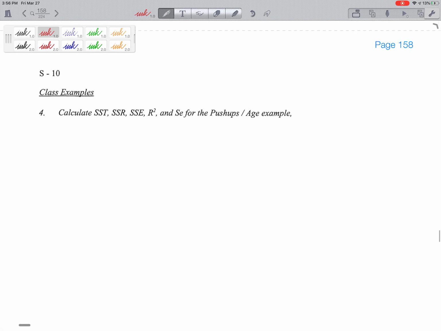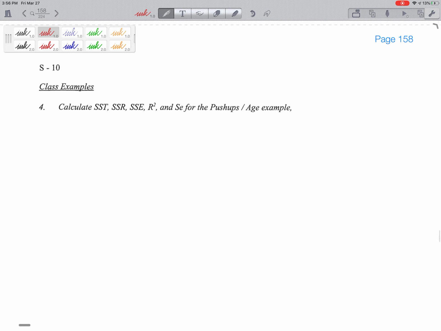On page S10, we're going to be using the push-ups and age example. We originally did this on page S6, where you're going to find those summary measures. You can flip back there and take a look at it. I'm just going to write down the summary measures that we came up with. The sum of the x's turned out to be 503 in that problem.